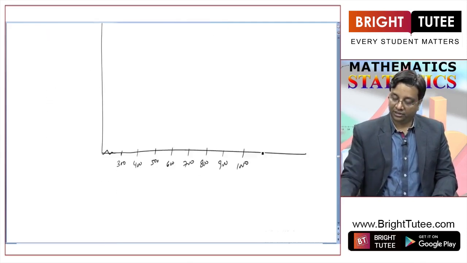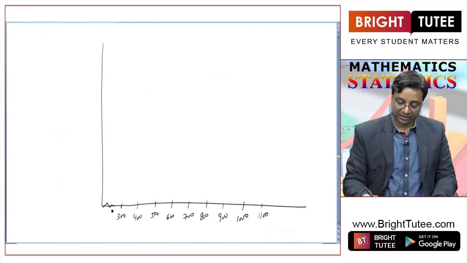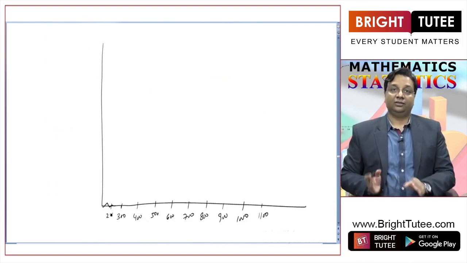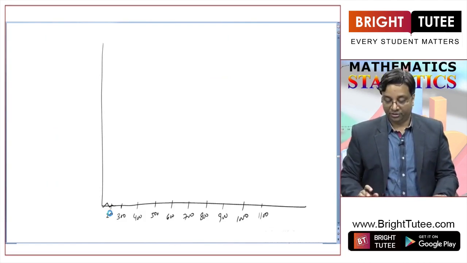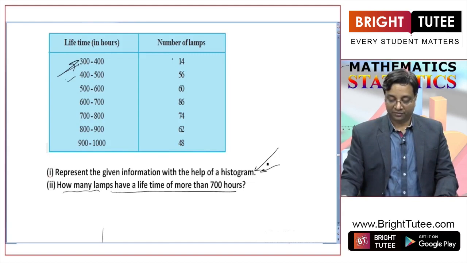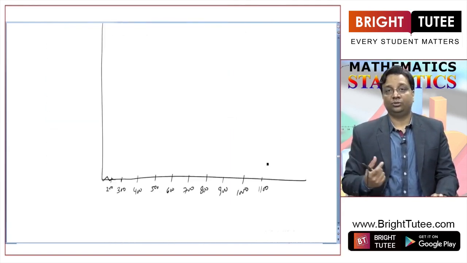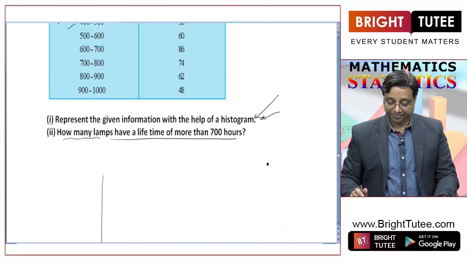After 1000 also let me take a class 1100, and before 300 let me take 200 also, as we have discussed earlier, that we require them to complete the frequency polygon. But here I just need to draw a histogram, so I may not need these, but I have taken these just to show you that while making a frequency polygon we would require these.